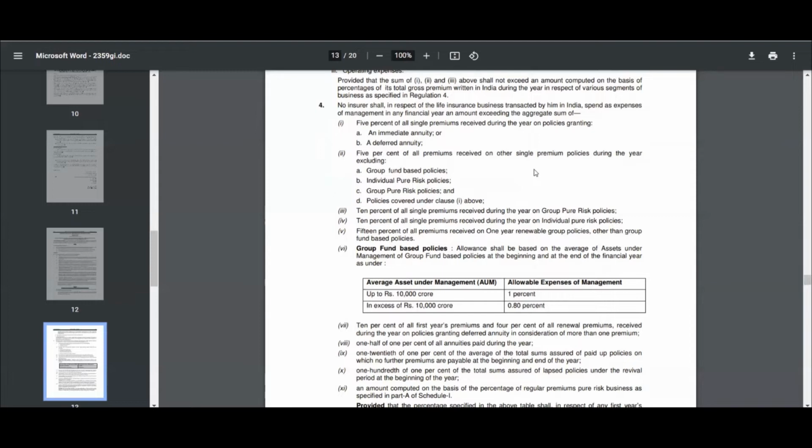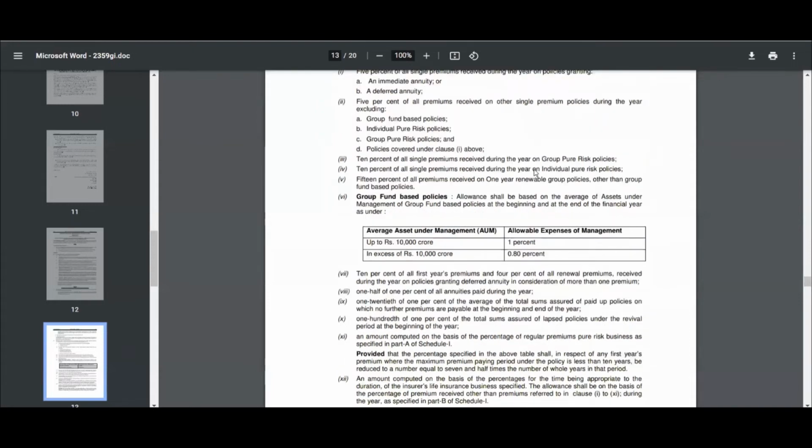Earlier it was average sum assured, but this time it is the total sum assured of the lapsed policies which are within the revival period. So these are all the limits that you have to keep in mind, and your expense of management has to abide by all of this rule, but we are still not done yet.